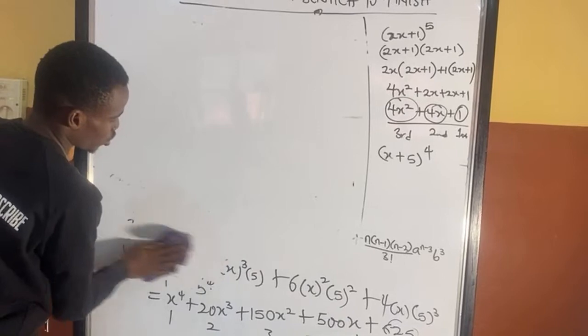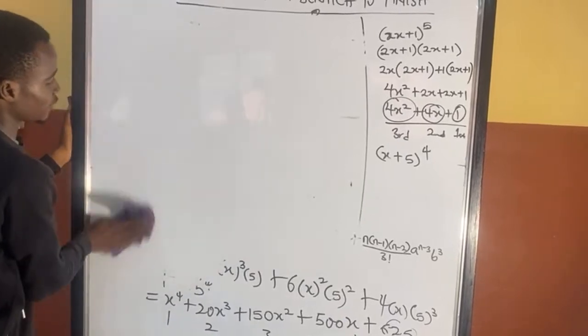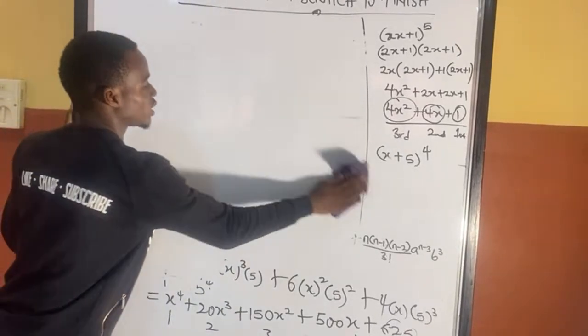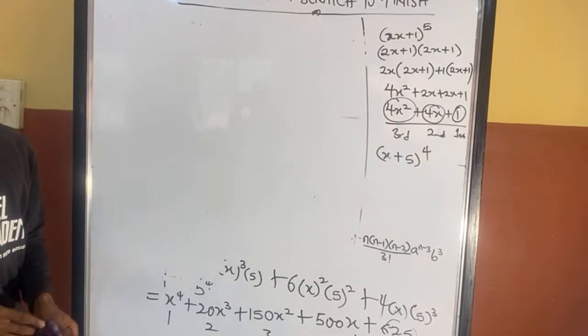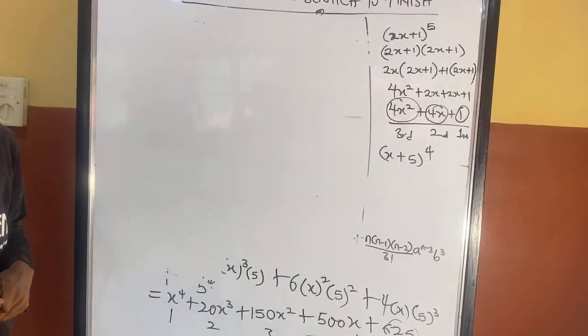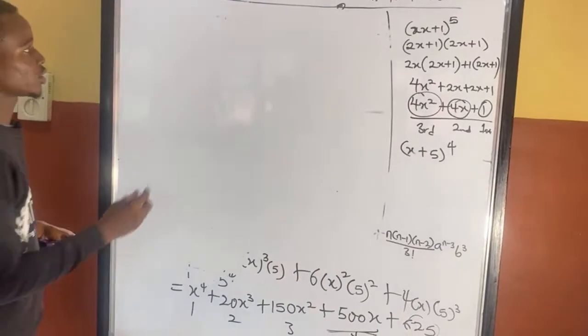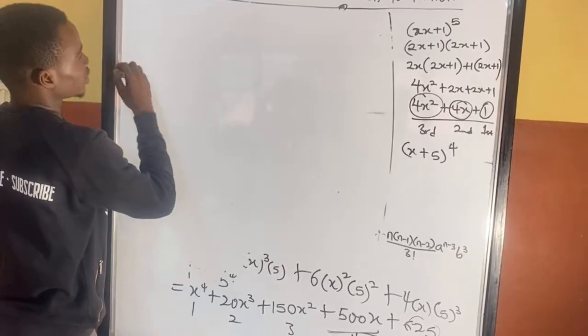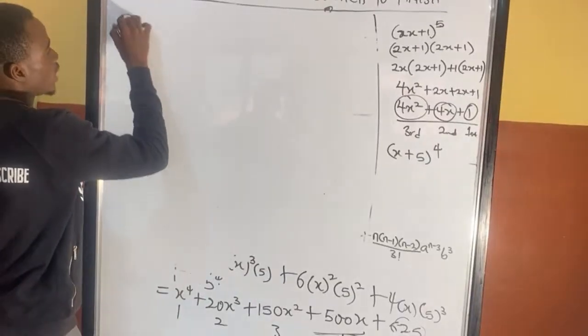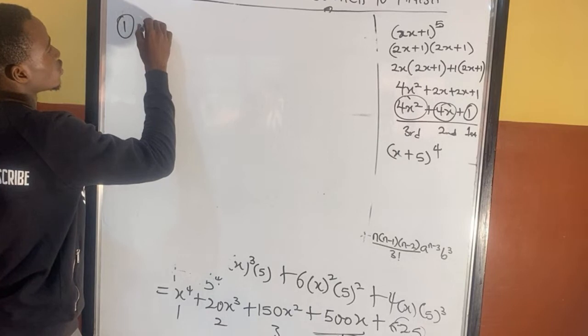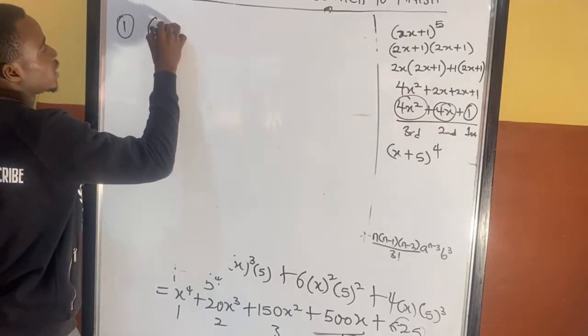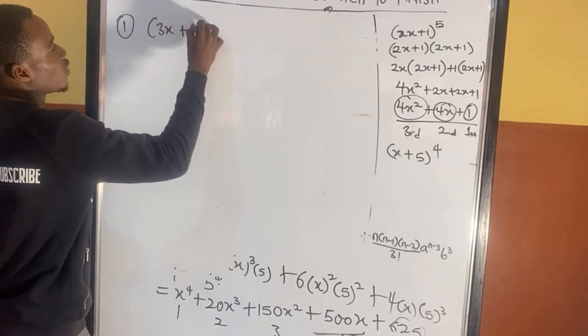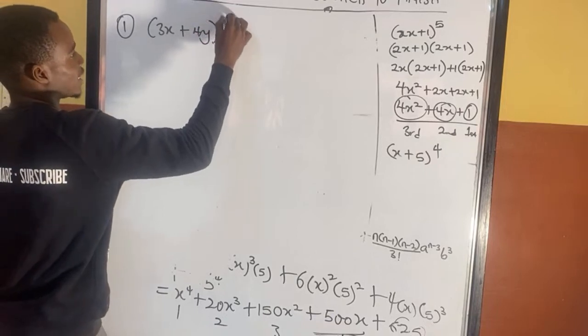So this assignment, if you're on the Freshers platform, you submit there. But if you are not, you could just submit in the comments below. So we have this. Number 1, you have 3x plus 4y raised to the power of 9.